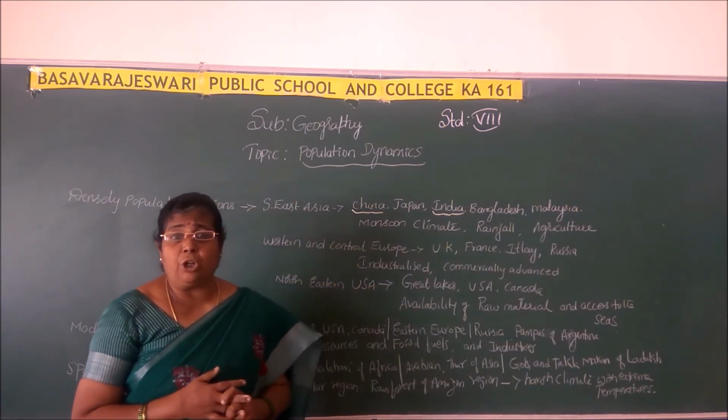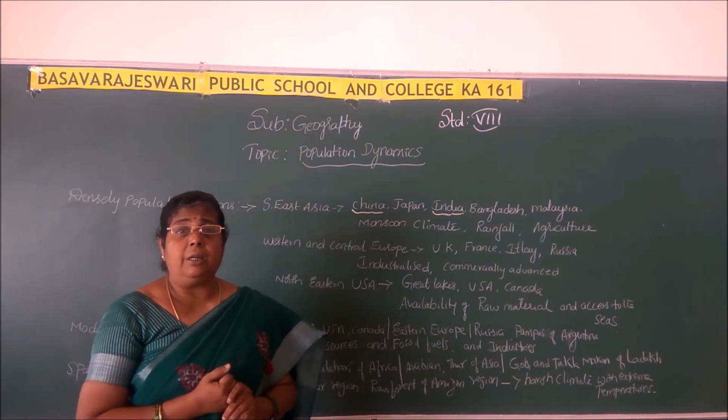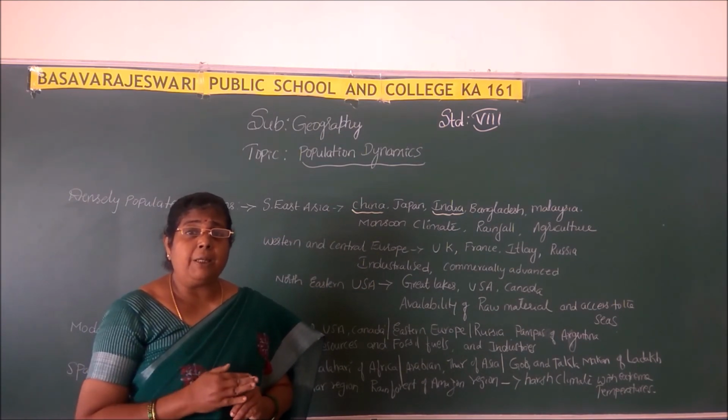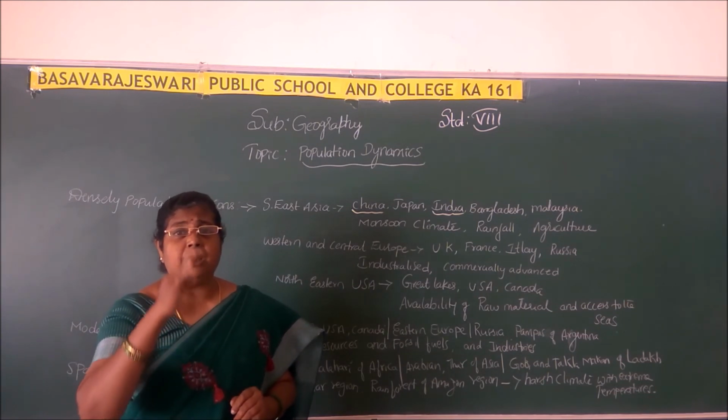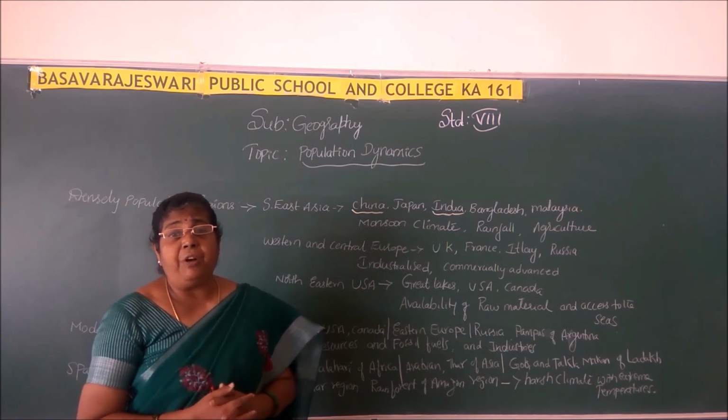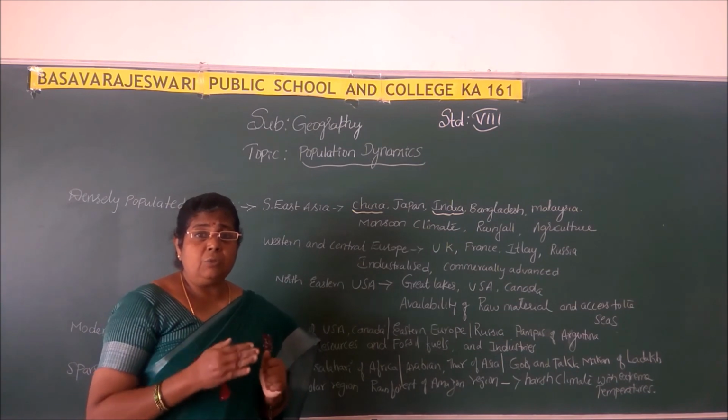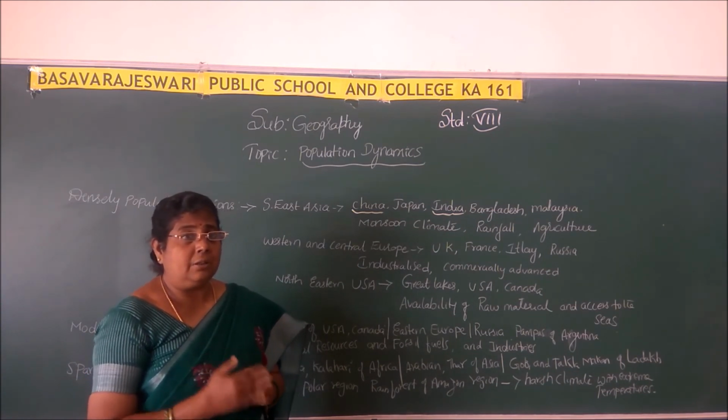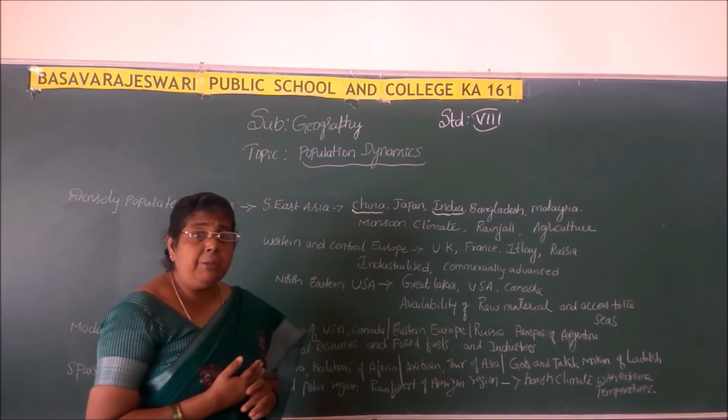Like Jacobabad in Pakistan, which we studied in previous lessons: during summer the temperature rises up to 55°C. This is what we call extreme temperature.